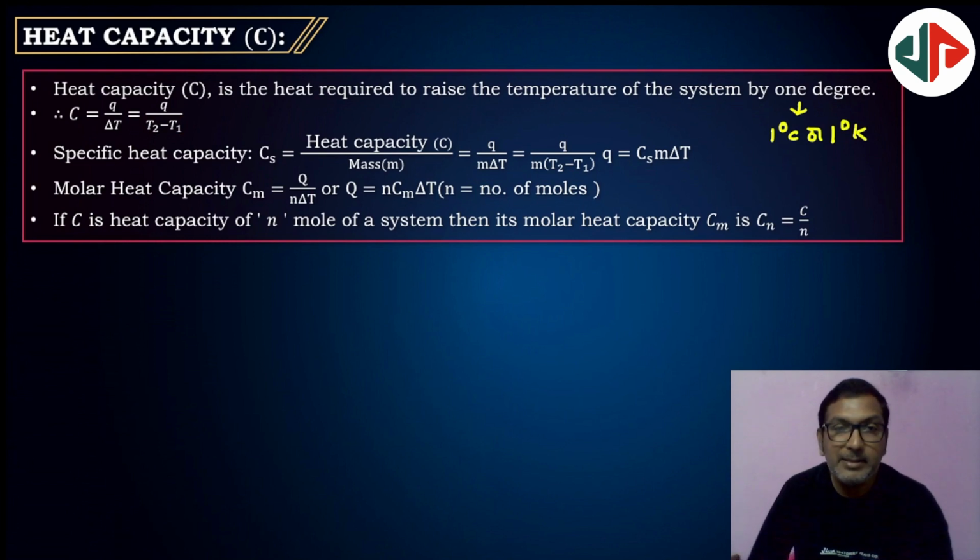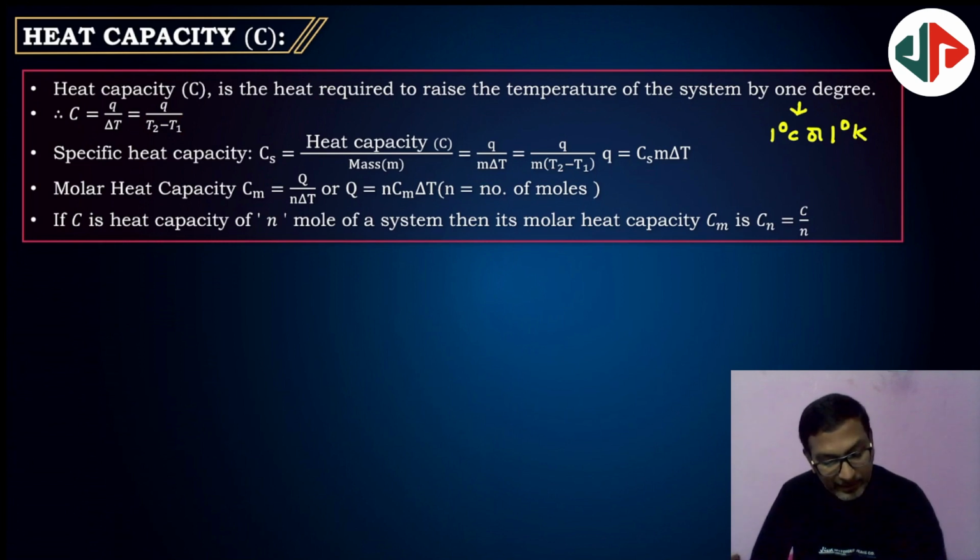So heat capacity means the amount of heat required to raise the temperature of any amount of substance by 1 degree. Next, specific heat capacity means the amount of heat required to raise the temperature of 1 gram of substance by 1 degree. Molar heat capacity: the amount of heat required to raise the temperature of 1 mole of substance by 1 degree. Remember these three.